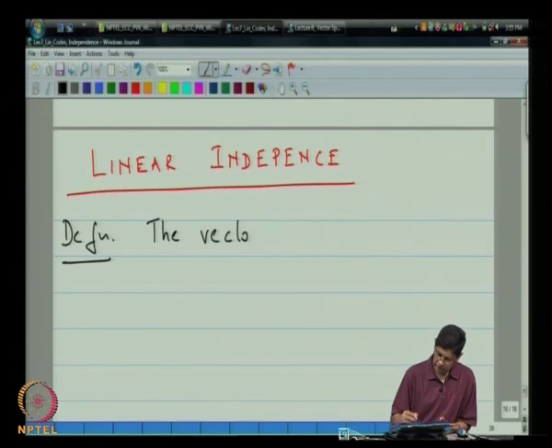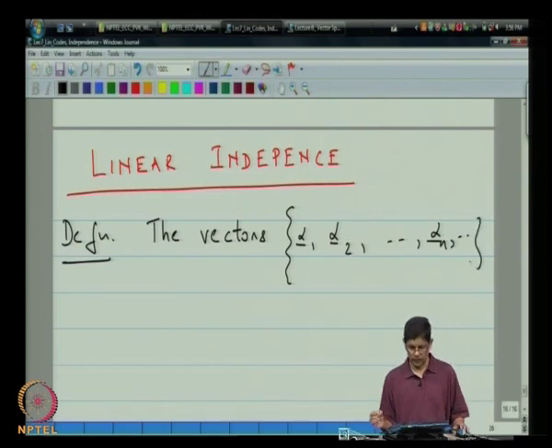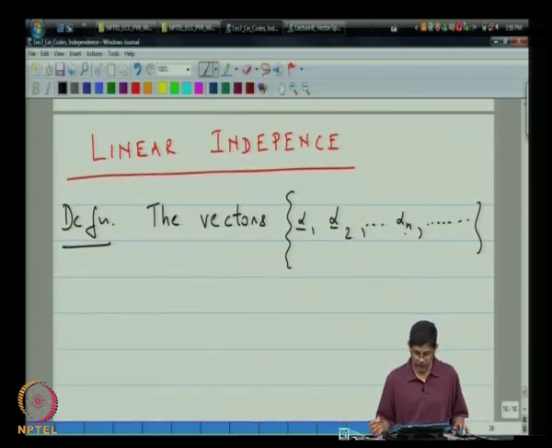The vectors alpha 1, alpha 2, alpha n, dot dot dot. So, let me just make that clearer here. So, this could continue on up to infinity.